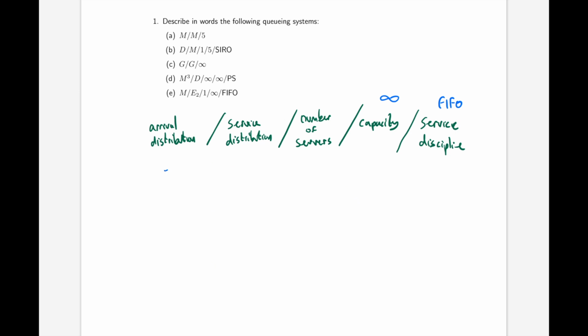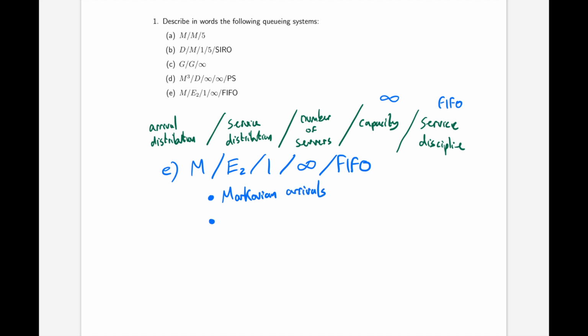And finally, E, we have an M/E2/1/infinity/FIFO system. So this corresponds to the first component, the arrival distribution is M, that's Markovian arrivals. The service distribution now is denoted E2. That is an Erlang distribution with parameter 2.